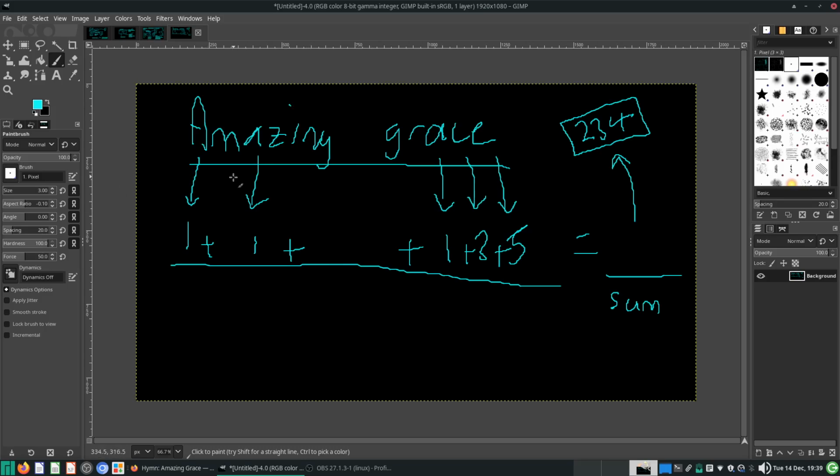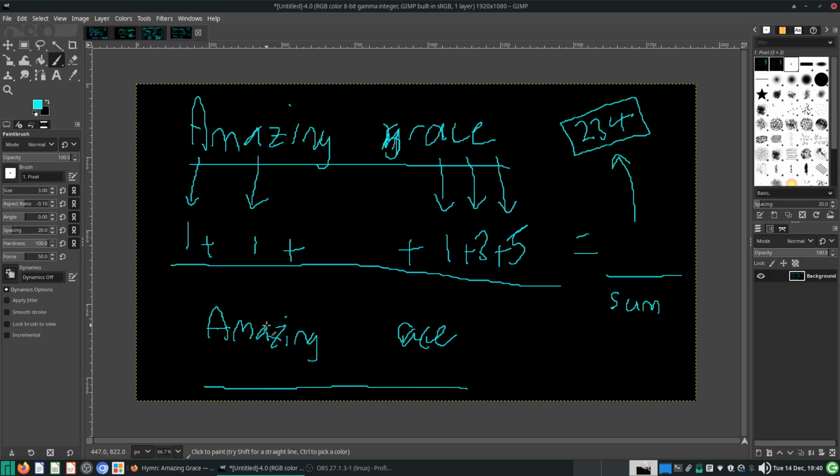Let's say if I remove this letter G, for example, then instead of Amazing Grace you have Amazing Race. For some reason this message has been corrupted.